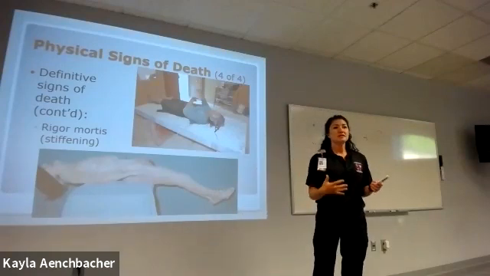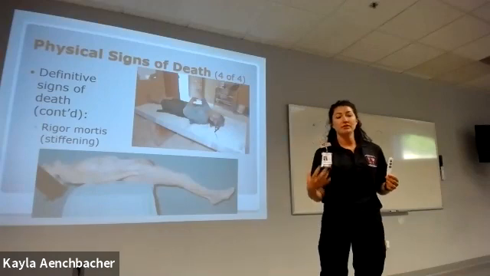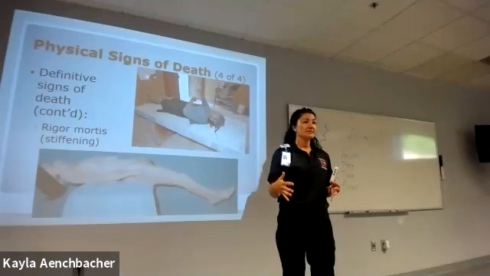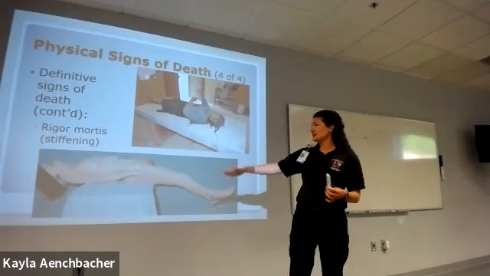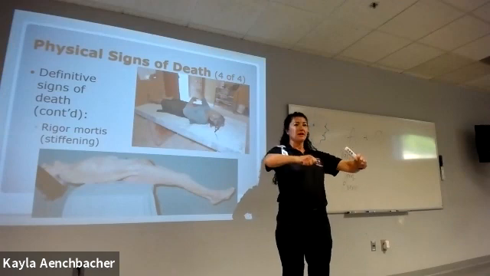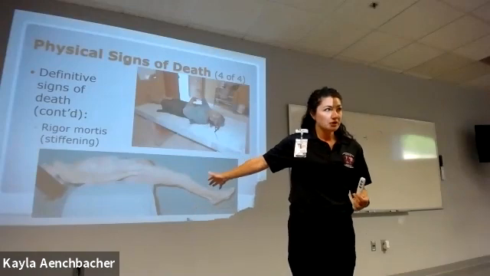Okay. So when these cells, when these tissues start to not have that blood flow and they start to die off, they start to release all of these acids and these toxins, and that causes the joints to kind of stiffen up. All right. Again, this happens hours after death.